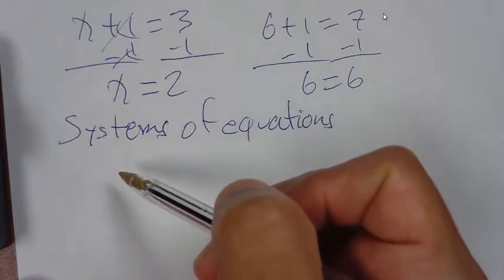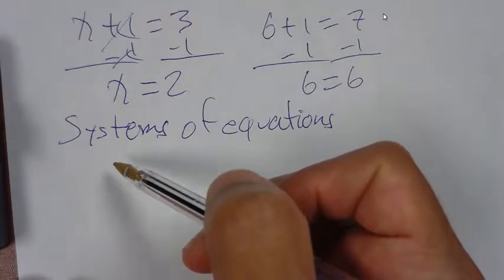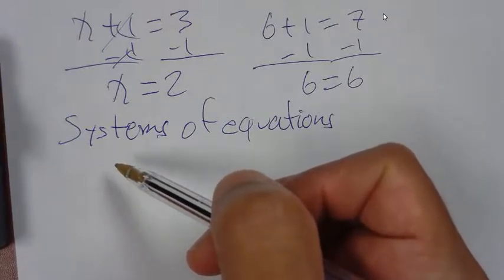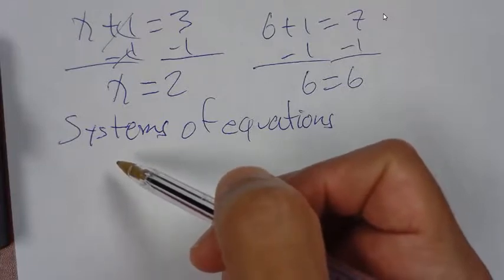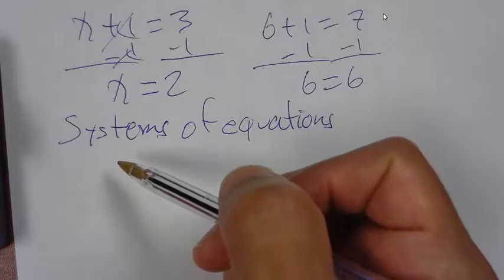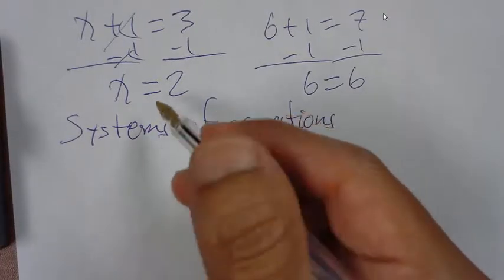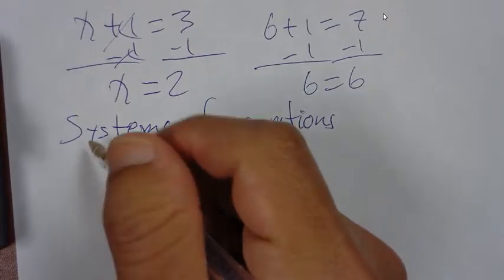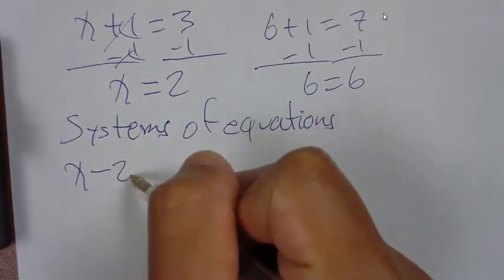And they also have two different variables in them. Let me show you what it looks like. A system of equations with two variables. And this is coming right out of the book, so you don't have to write most of this down. Just know that it's in there, to make it easier on you.